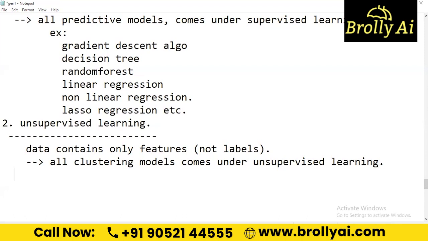Example, K-means, K-median. Such kind of clustering models are there. What is the importance of a clustering model? That's one simple example.